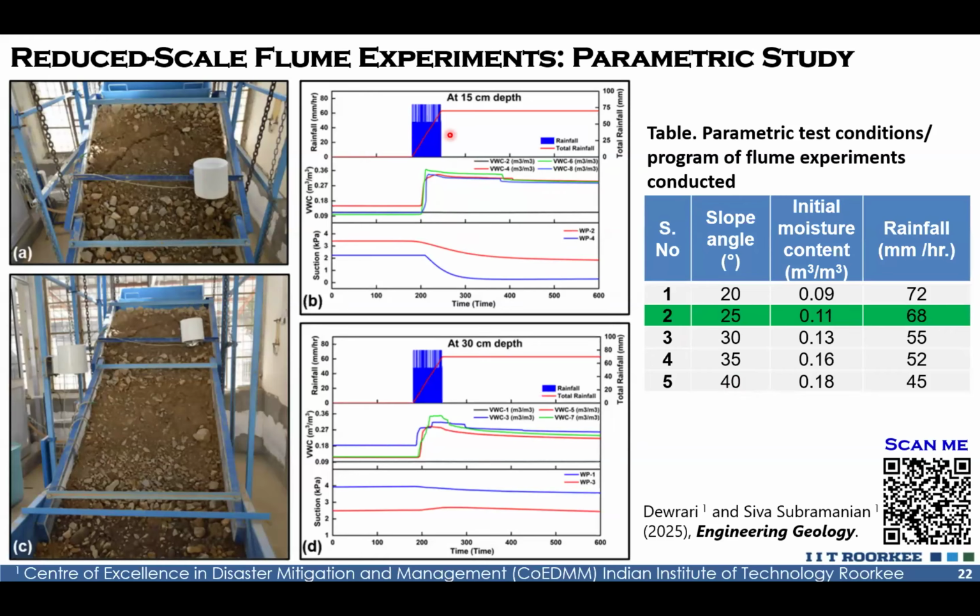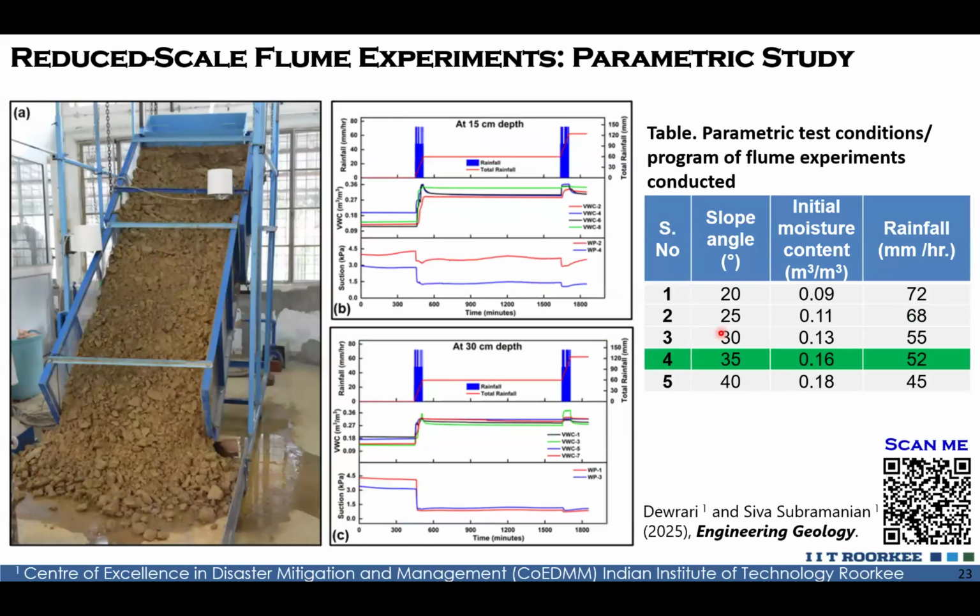We could see that during the rainfall event, the volumetric water content increases, the matrix suction decreases and the pore water pressure increases for all 5 tests. And for all 5 tests, the loss of suction caused instability.